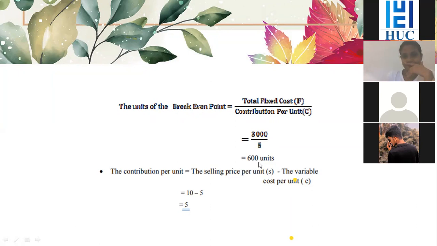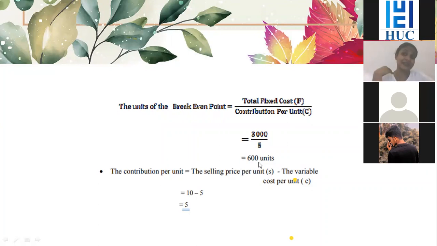Now, break-even units is 600. What is the meaning of that? In this company, if they sell more than 600, they can earn profit. If they sell less than 600, they are getting a loss.